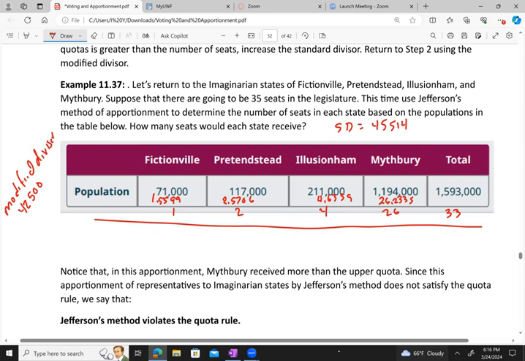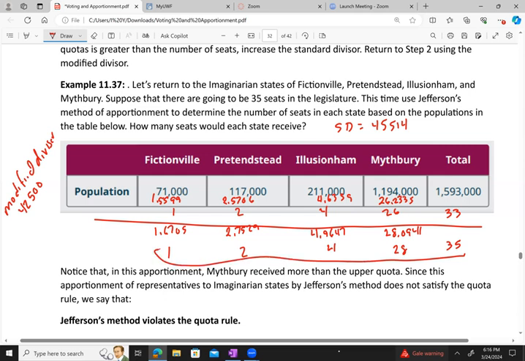So using that, here I get 1.6705, 2.7529, 4.9647, and 28.0941. This is 1, this is 2, this is 4, and this is 28, which brings me to 35.